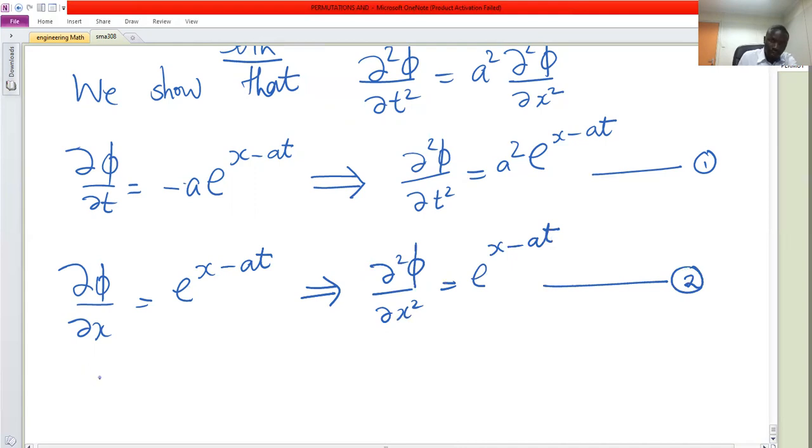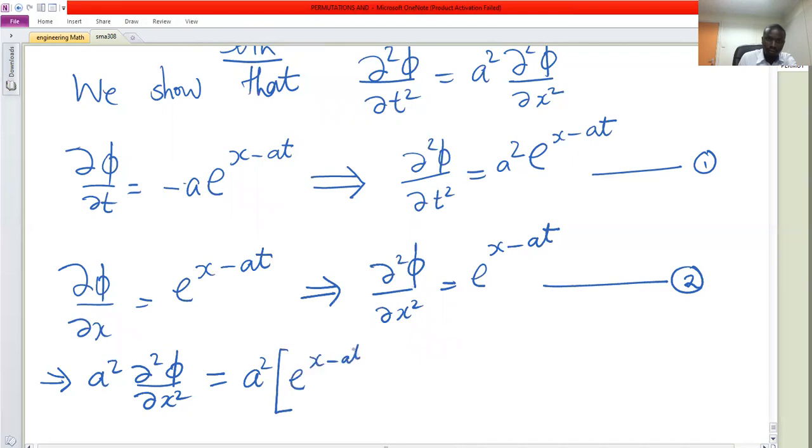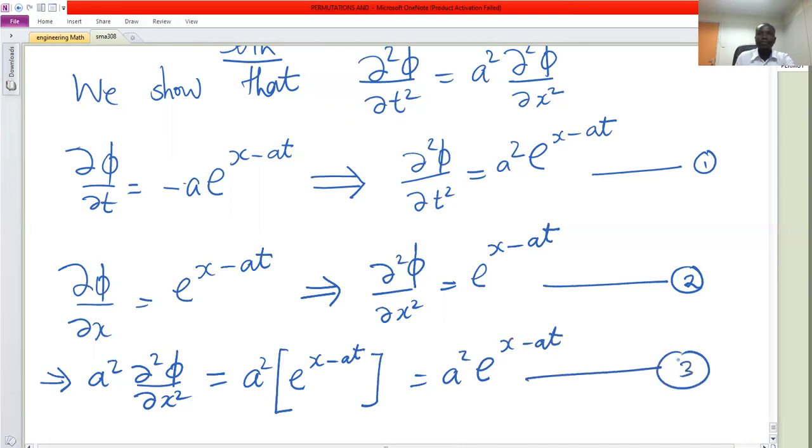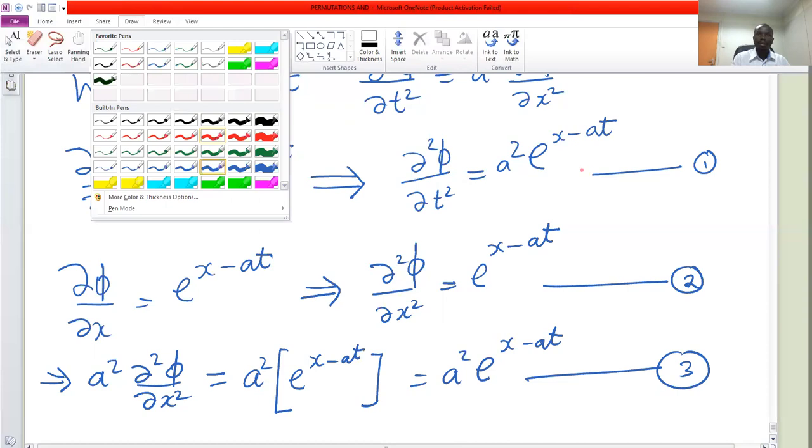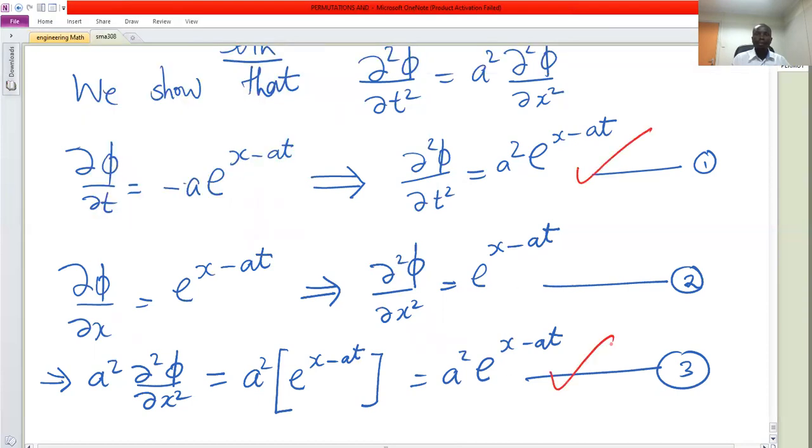So if you say a squared partial squared phi partial x squared, we'll have a squared into this one, we have the answer as e raised to the power x minus at, which is a squared e raised to the power x minus at. Call this one equation 3. Do you see that equation 1 and 3 are the same equations? Or this and these are the same.